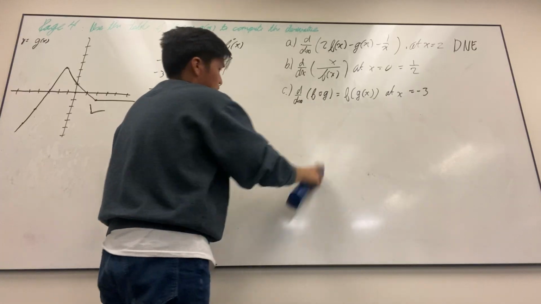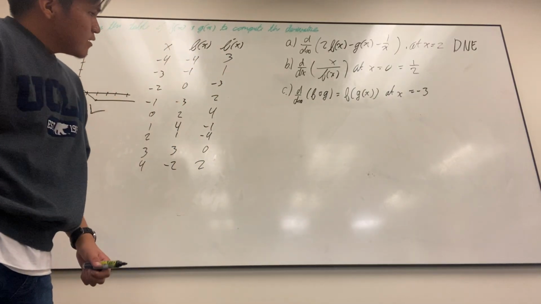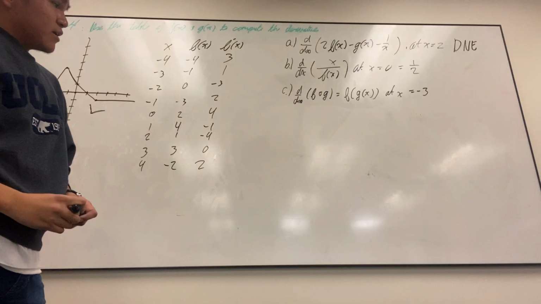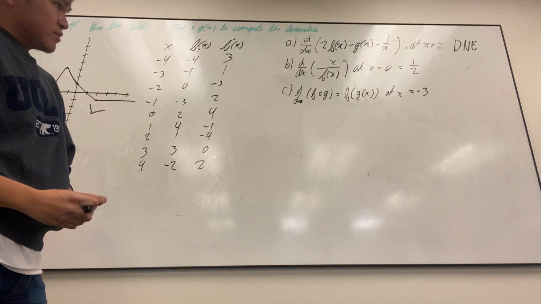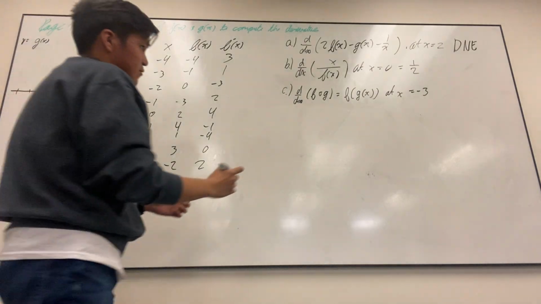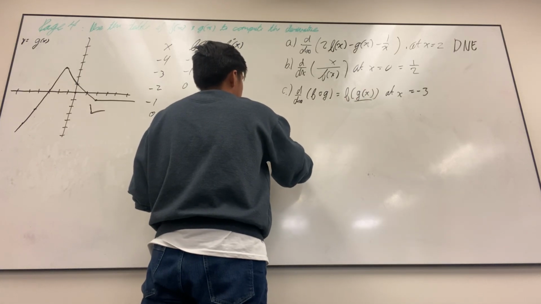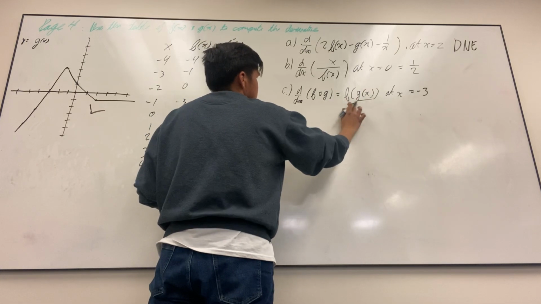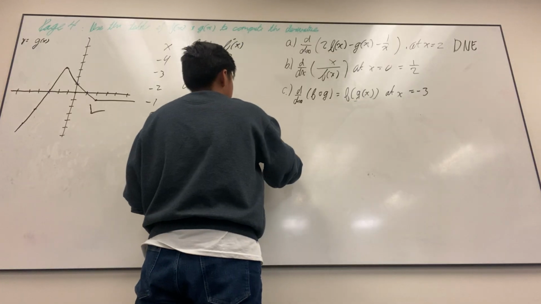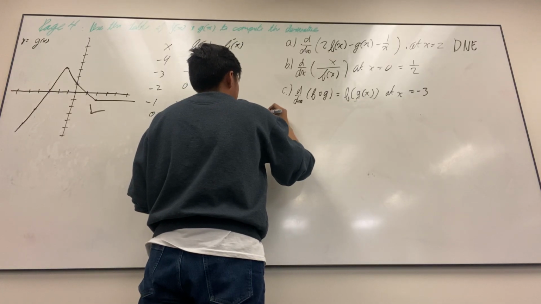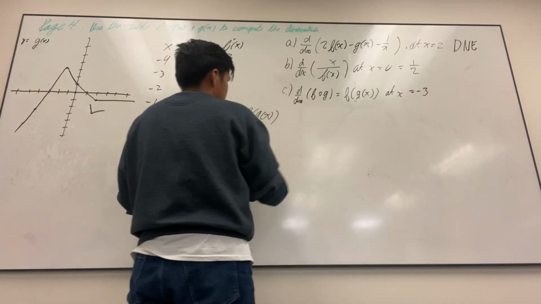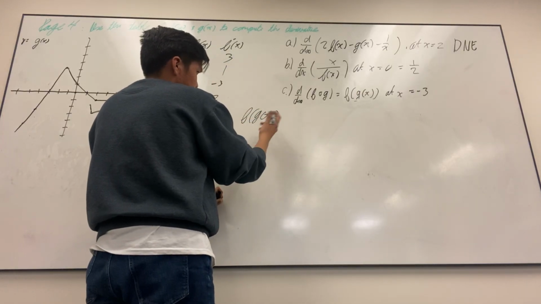Our next and last one would be the derivative of f of g of x at x equals -3. So then what we'll do first is look at what's inside. First we find the derivative of this. We find the derivative of f of g of x, which is a chain rule.